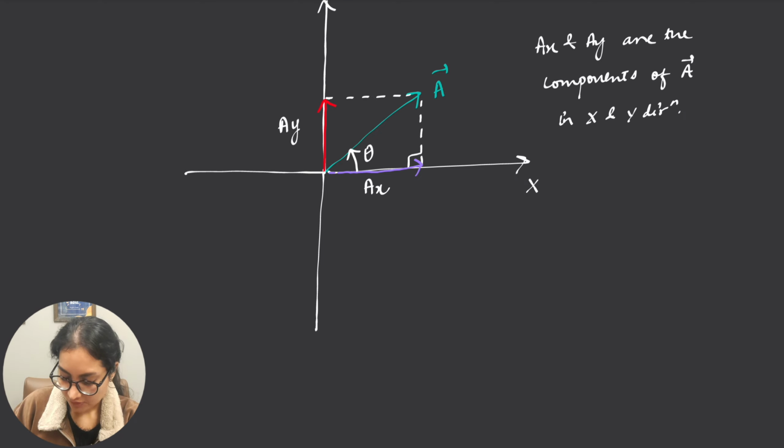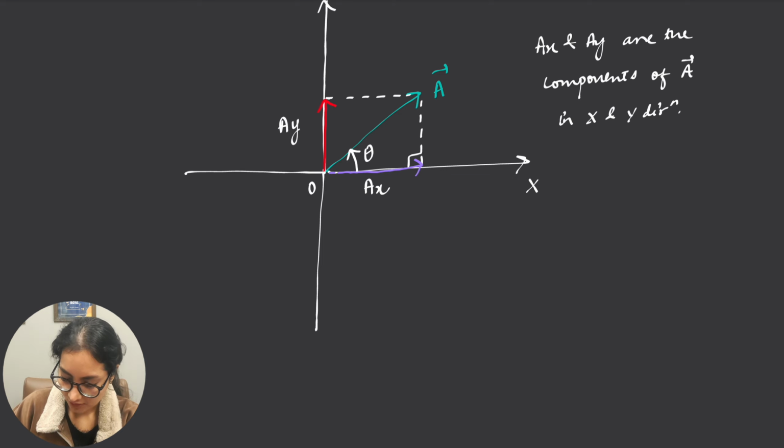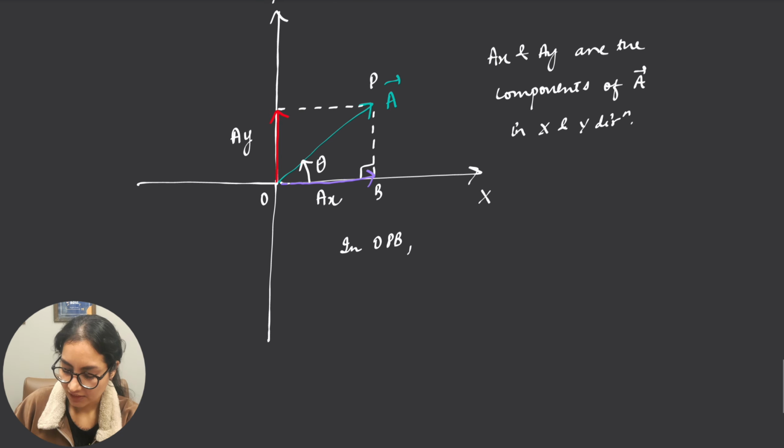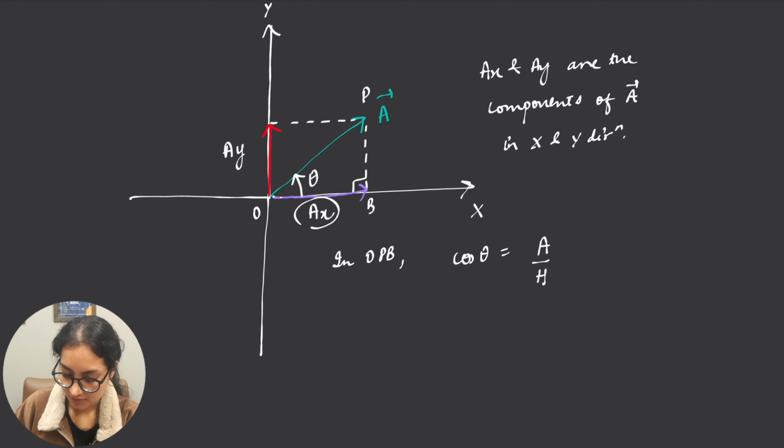So this is a right angle triangle. In a right angle triangle, we can write sine theta and cosine theta. So in this triangle, let's say OPB, I can write cos theta as adjacent over hypotenuse. My adjacent here is Ax and the hypotenuse is the length of the A vector.